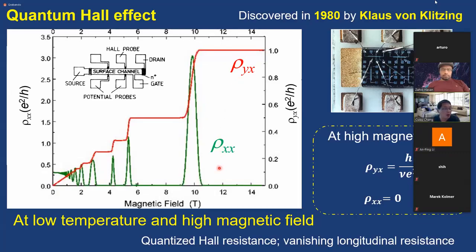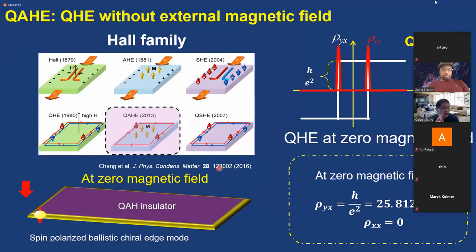The quantum Hall effect is usually observed in two-dimensional electron gas subjected to low temperature and high magnetic field. So we will naturally ask one question: can we realize this kind of quantum Hall effect without the need of the external magnetic field?